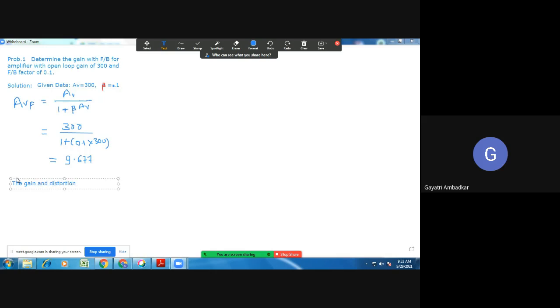The gain and distortion of an amplifier are 100 and 4% respectively.